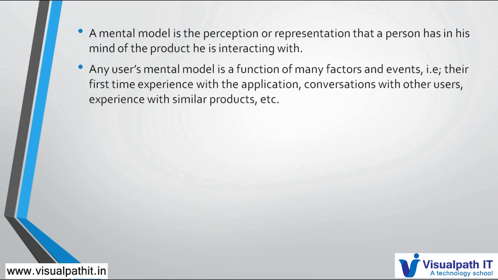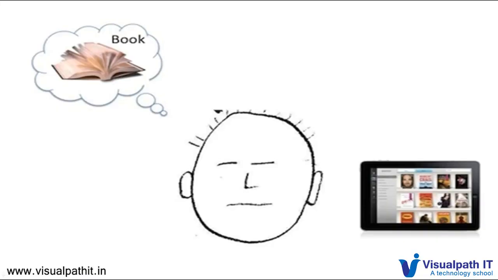For example, if you have used an iPad before, your mental model of reading a book on an iPad will be different from someone who has never used an iPad, who could face difficulty using the iPad for reading or doesn't even know what an iPad is.